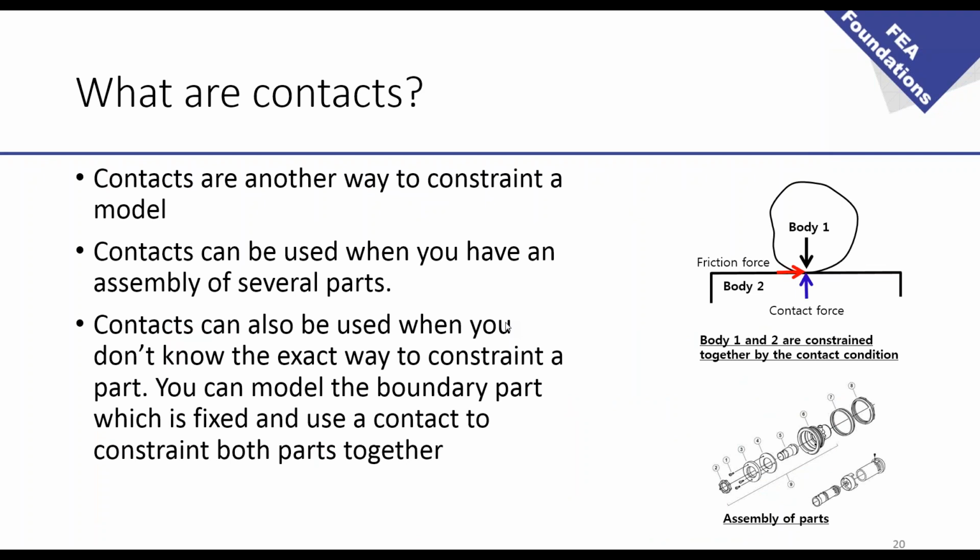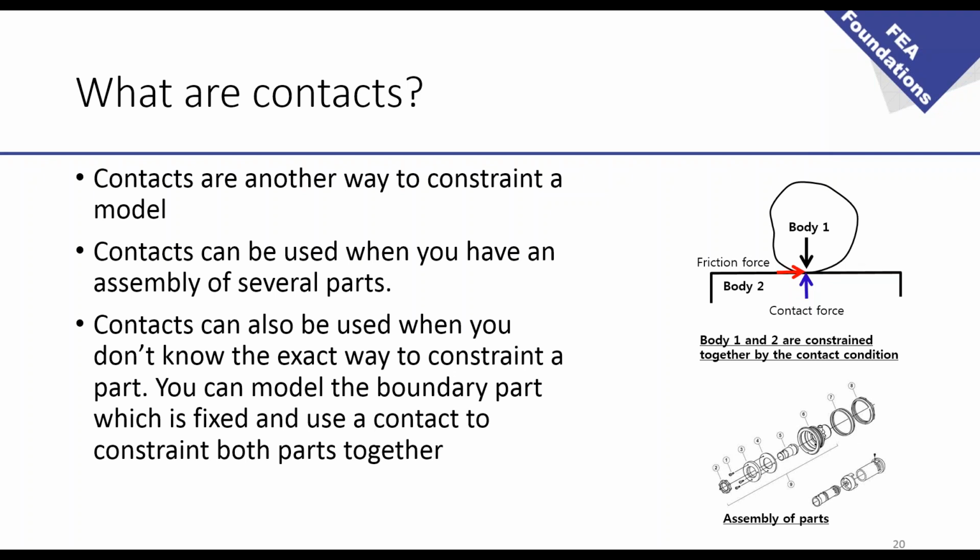Now let's talk quickly about contacts, because I told you I would give you a very simple description about them. Yesterday Piotr told me that contacts are another way to constrain a model, and I thought that was a very good way to describe what a contact is.